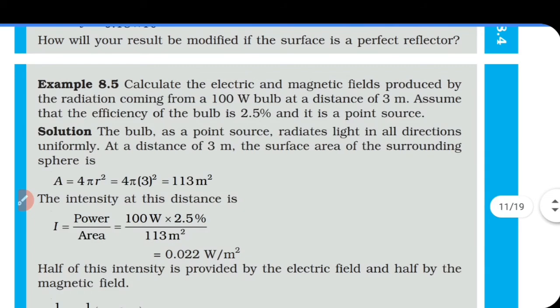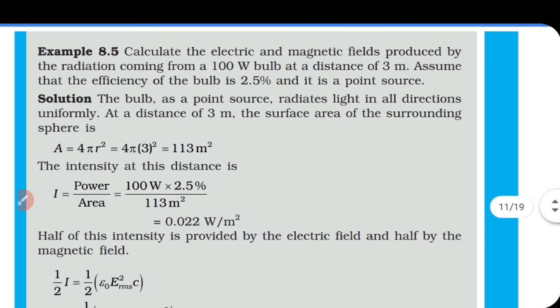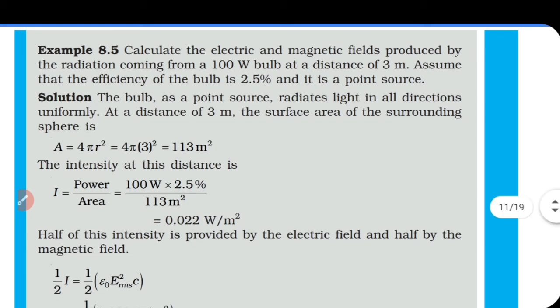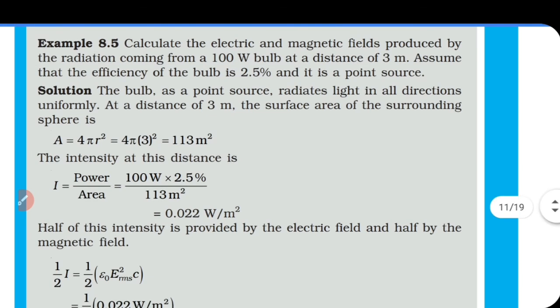Now coming to example 8.5. Calculate the electric and magnetic fields produced by the radiation coming from a 100-watt bulb at a distance of 3 meters. Assume that the efficiency of the bulb is 2.5% and it is a point source.